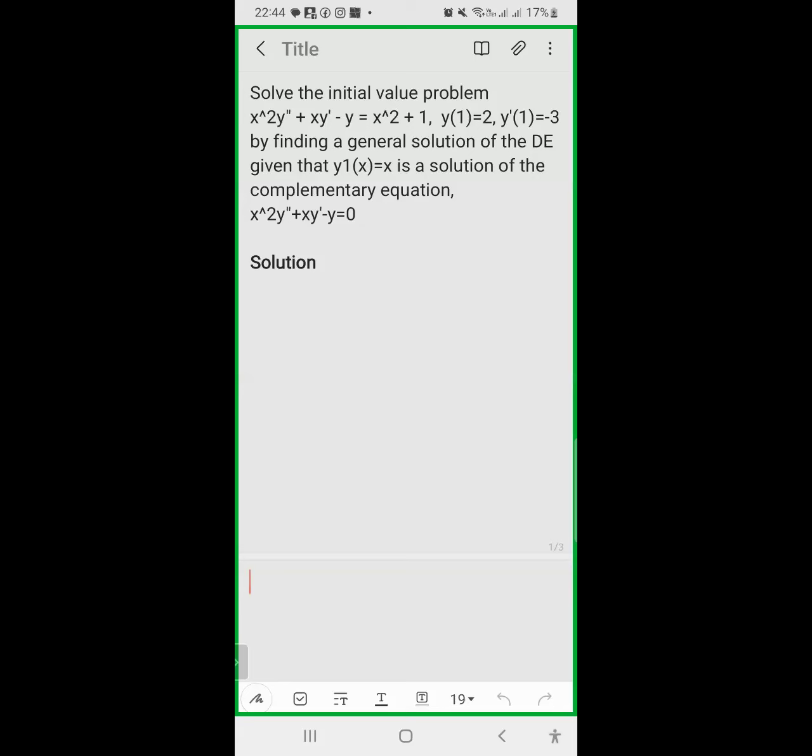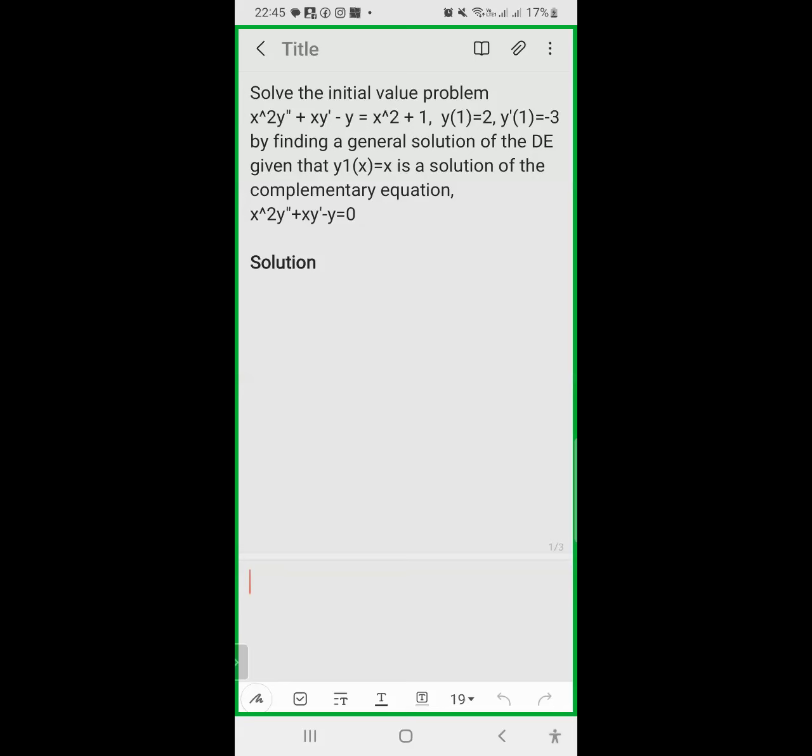The given differential equation is x squared y double prime plus x y prime minus y equals x squared plus 1, and the initial conditions are given as y of 1 equals 2, y prime of 1 equals minus 3.